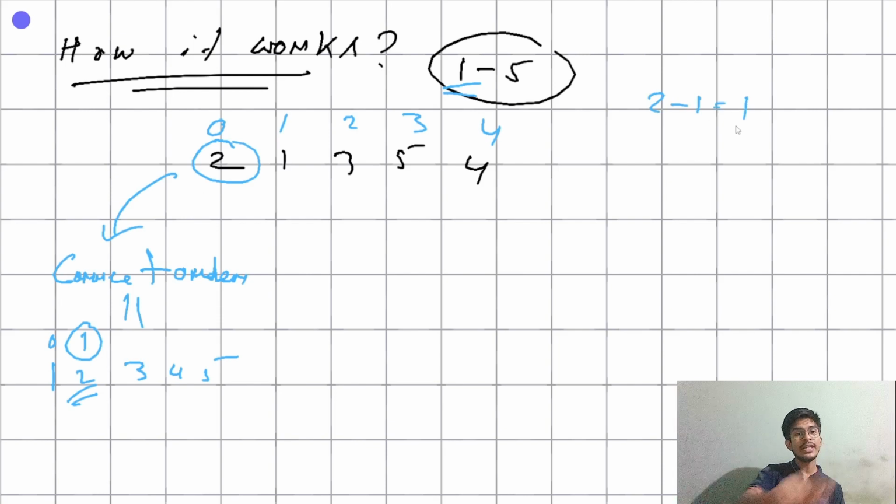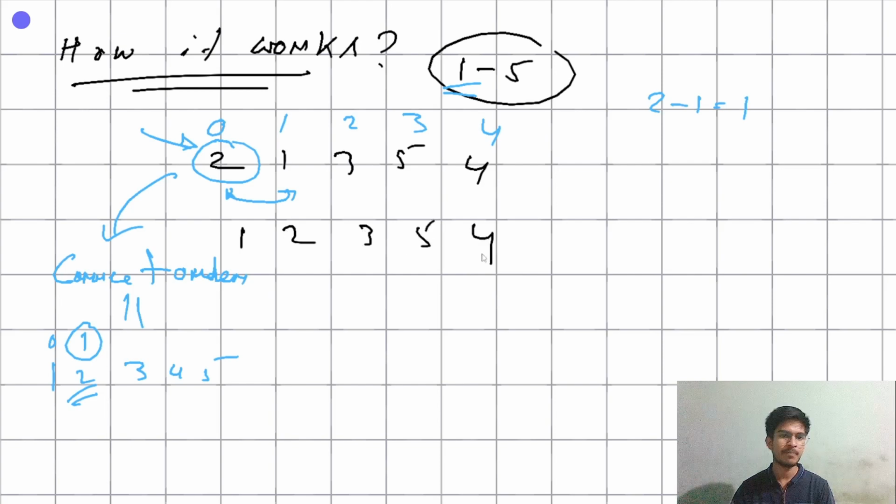So we have to put the 2 at index 1, or swap the value at index 1 with the current index, which is 0. If we swap this 2, the new list will become 1 2 3 5 and 4, right? It will become 1 2 3 5 4.